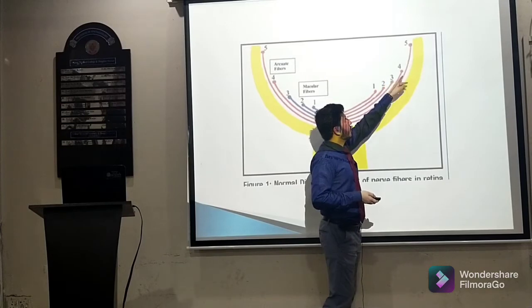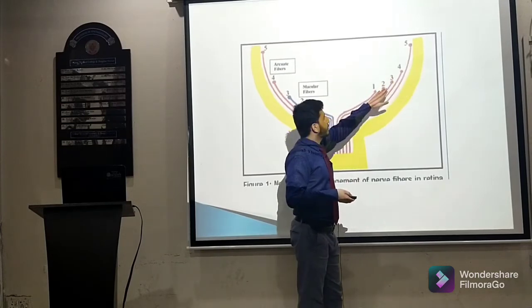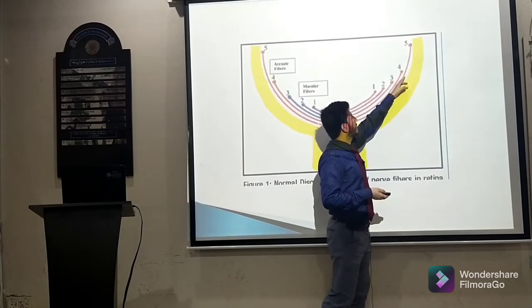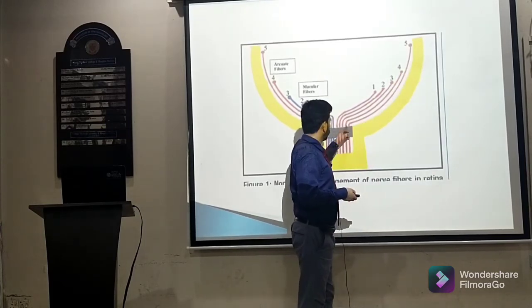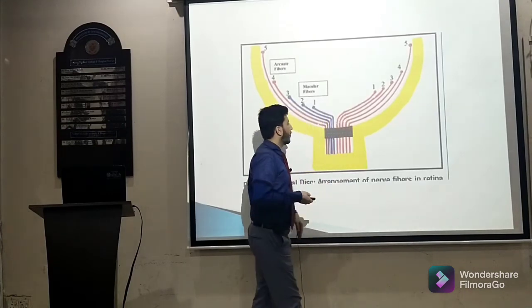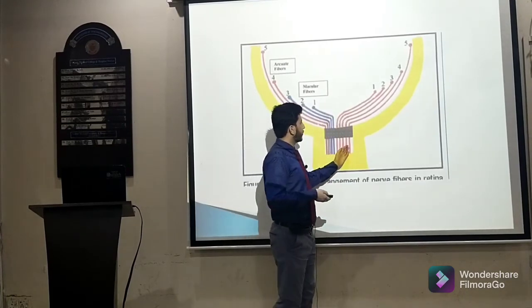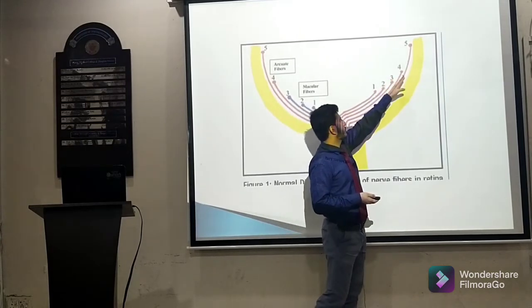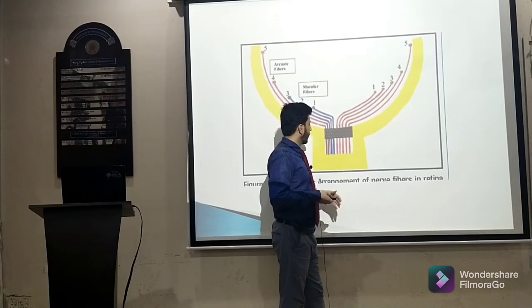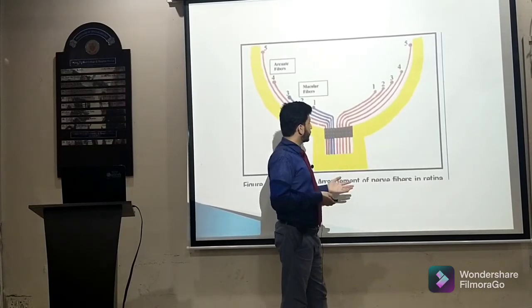The fibers coming from the peripheral fundus are deeper in the retina, but when they come to the optic nerve, they are more superficial.